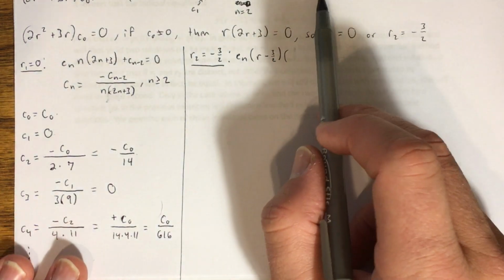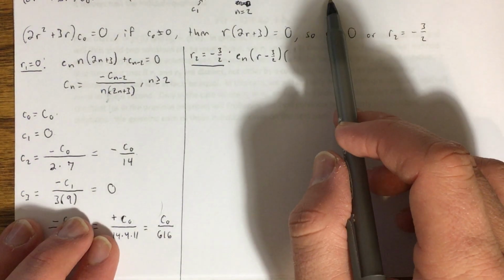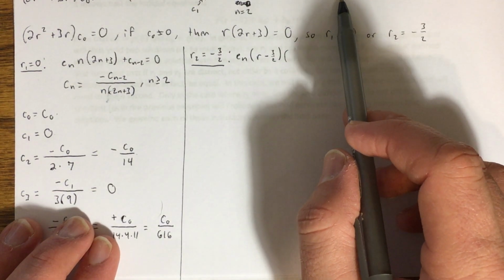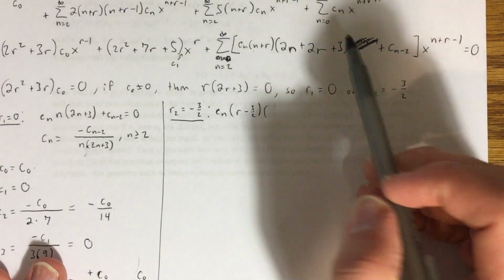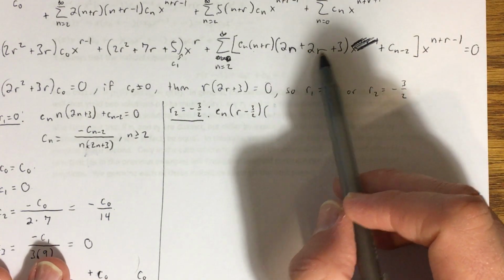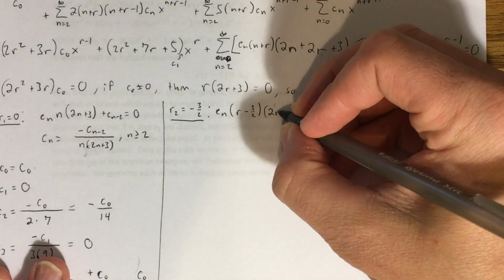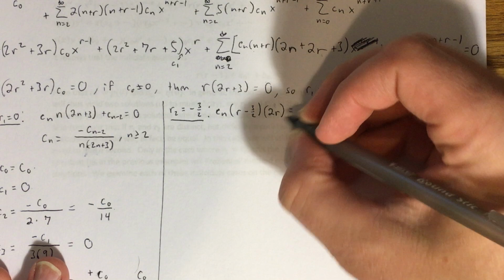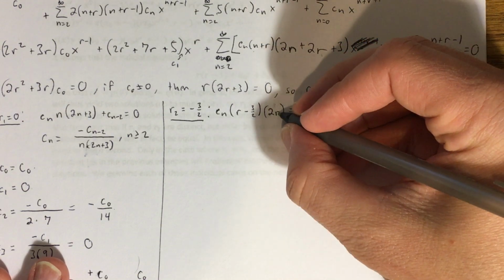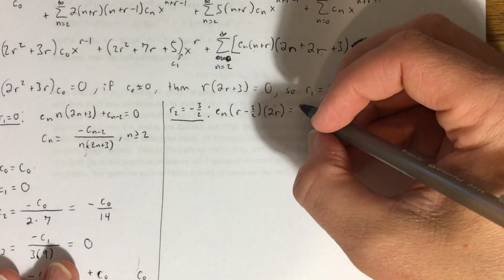Oh, and I'm sorry, I'm looking at the wrong one. 2n is just 2n, but if I plug negative 3/2 in for the r right here, this will become negative 3, which cancels with that positive 3, and this becomes 2r. I can distribute the 2 in, and I'll leave the r out just so it stays factored.